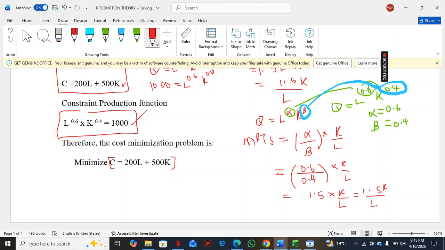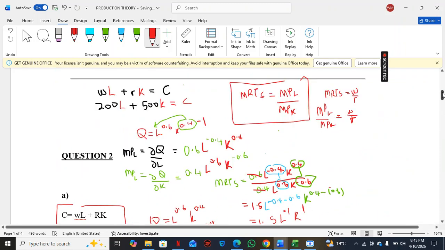Okay, colleagues. If you do not want to confuse yourself with partial differentiation, you can use this simple one here. This one is consumer friendly. So just remember here, colleagues, all that I've been solving is the marginal rate of technical substitution.